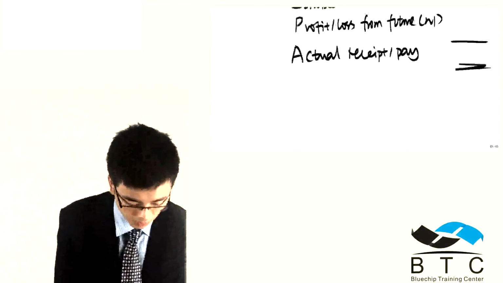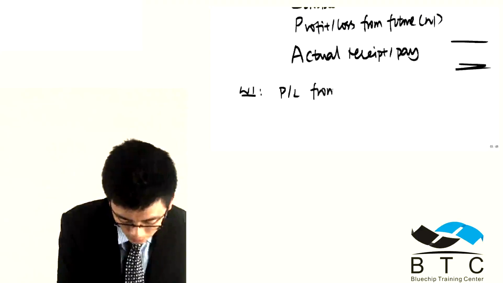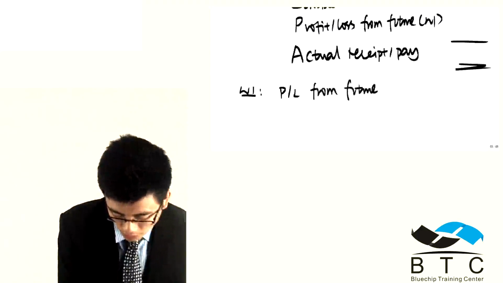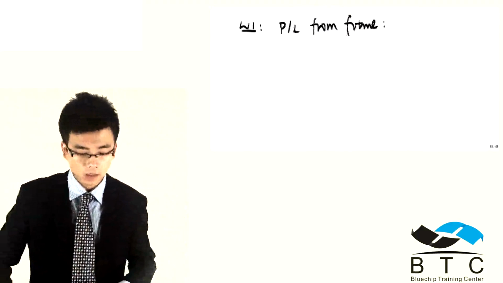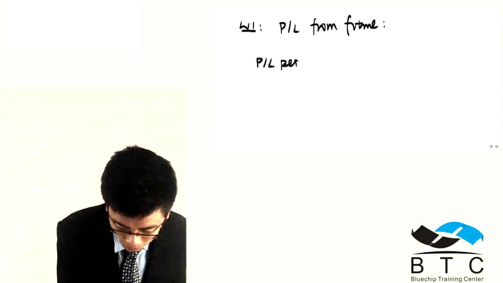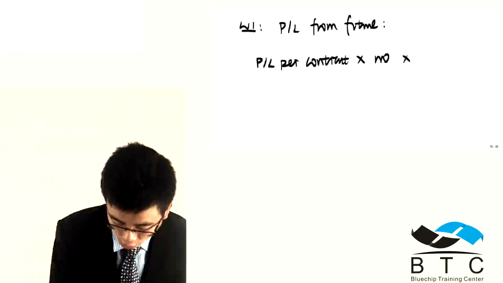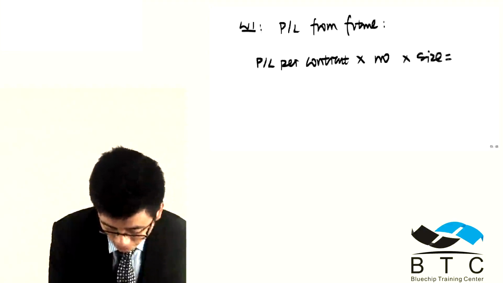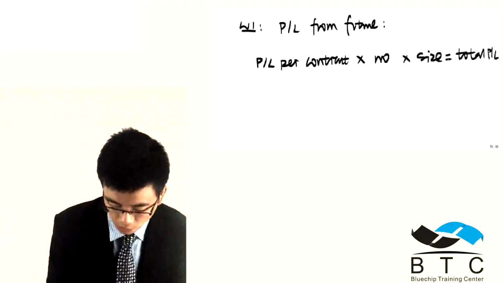So let me start with working number 1. It's the profit loss from the futures market. We're going to calculate the total profit losses here. So what we're going to do is take the profit loss per futures contract multiplied by the number of futures contracts multiplied by the size of it, giving us the total profit loss.